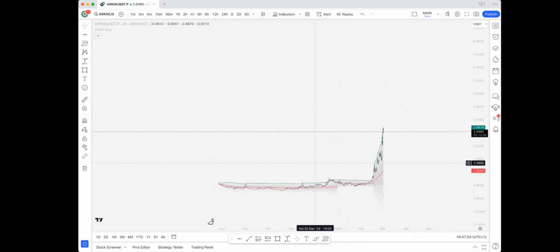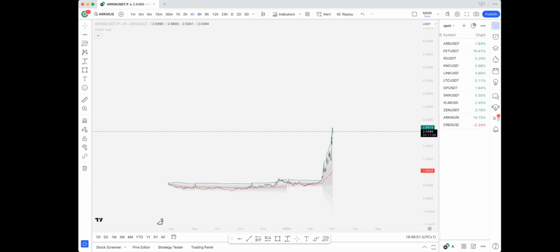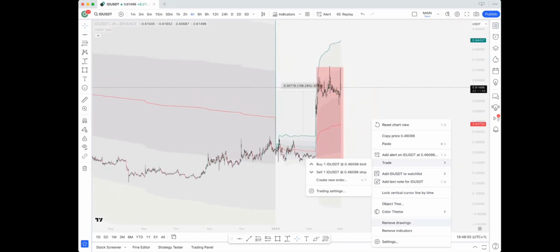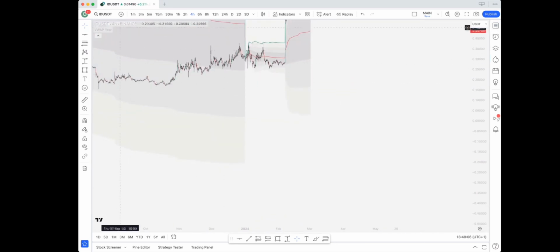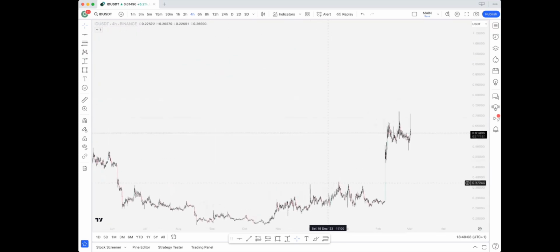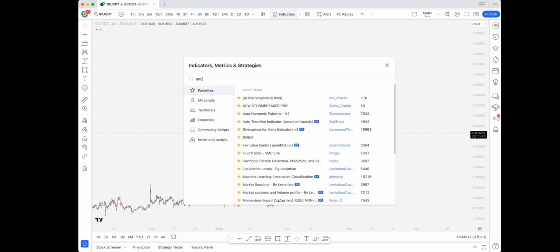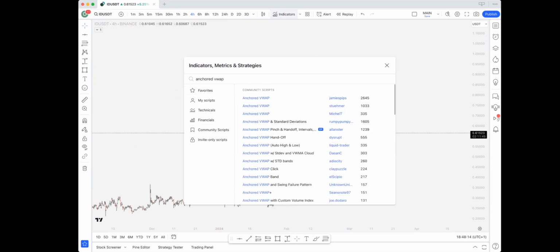you would want to use something called an anchor point VWAP. Okay, let's go back to ID just to show you how you do this. Remove the VWAP, and you would add an anchored VWAP.